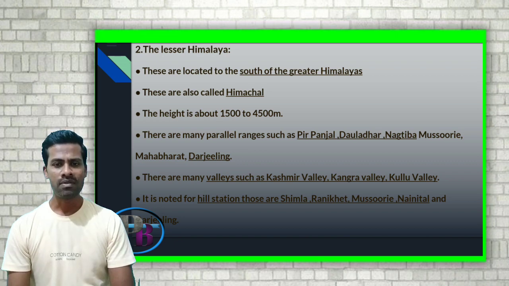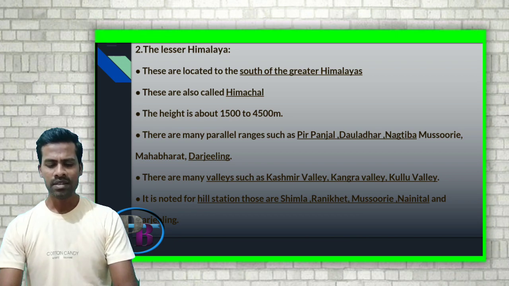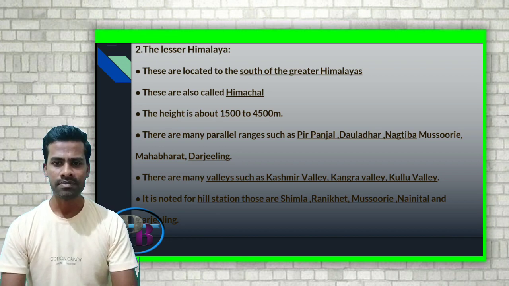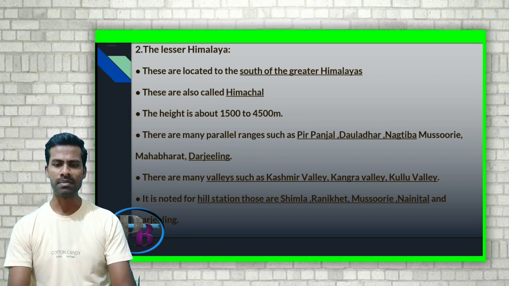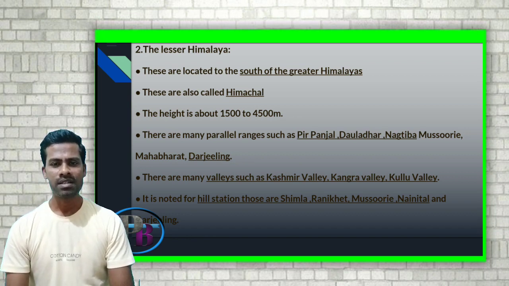There are many sub-ranges under this Lesser Himalaya: Pir Panjal, Dhauladhar, Mussoorie, Mahabharat, and Darjeeling.